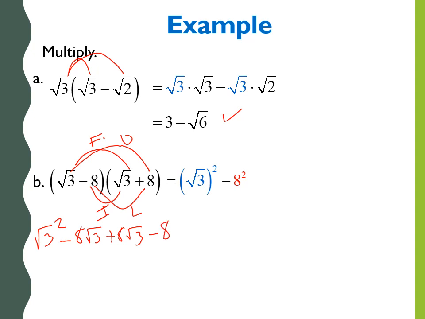Because a negative and a positive, our middle two terms cancel out, so we're left with the square root of 3 squared minus 8 squared, and that equals 3 minus 64. 3 minus 64 is negative 61.